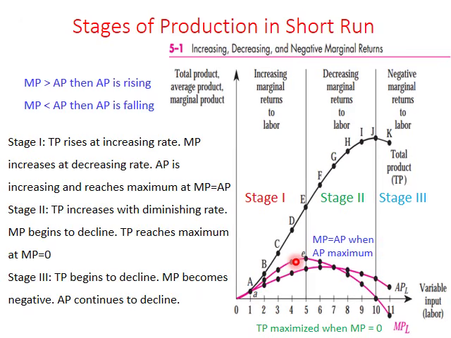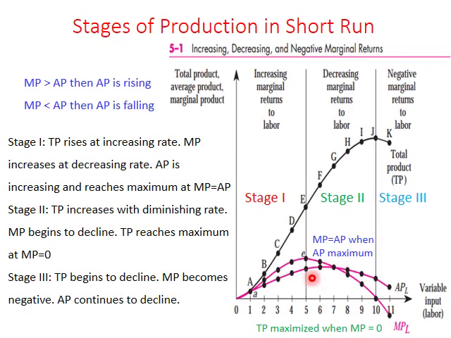But average product is also increasing, and it reaches its maximum point at stage 2, where marginal product equals average product. This is the point where AP reaches its maximum.